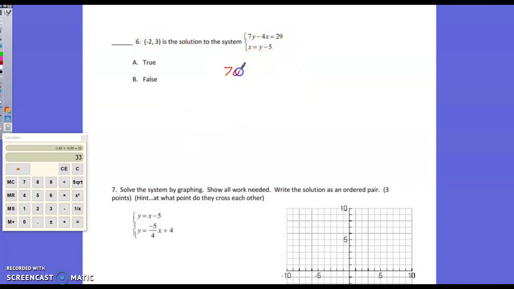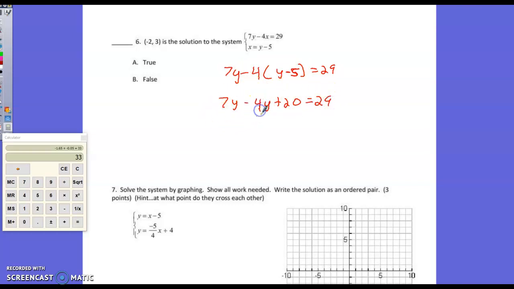So I'm going to say 7y minus 4, and I'm going to put in y minus 5 for my x, because that's what x equals, equals 29. So 7y, and I'm going to distribute my negative 4. So negative 4y plus 20, because negative 4 times negative 5 is positive 20, equals 29.